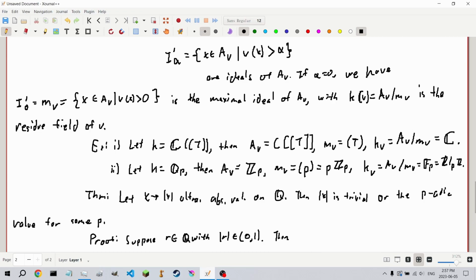Then there exists a prime number p such that it has an absolute value that is not 1. So the absolute value of p is strictly between 0 and 1. I mean the absolute value, not p itself. That wouldn't make sense. We notice that the absolute value of integers is then at most going to be 1.